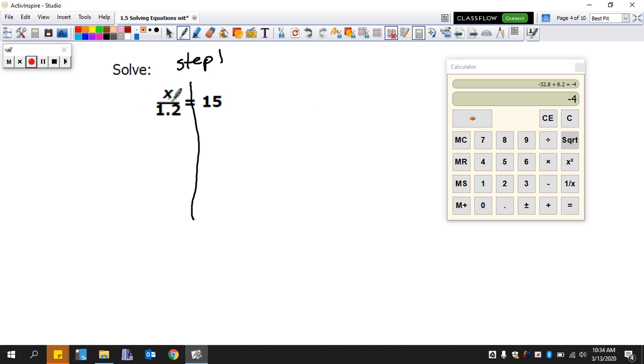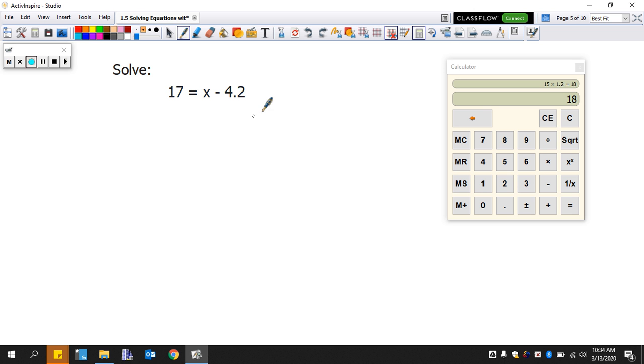The inverse of division is multiplication, so we're going to multiply both sides by 1.2. So this is 1.2 over 1, so that cancels with that. We're left with x is equal to 15 times 1.2, which is equal to 18.